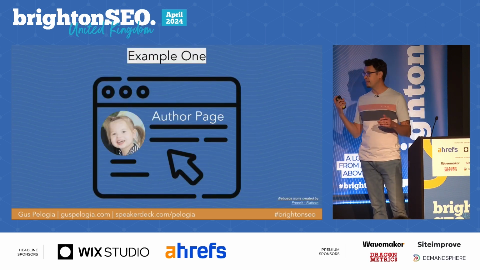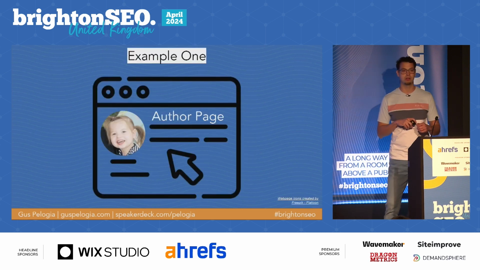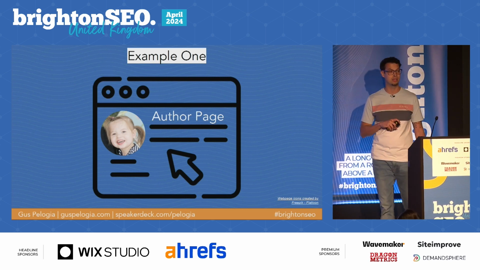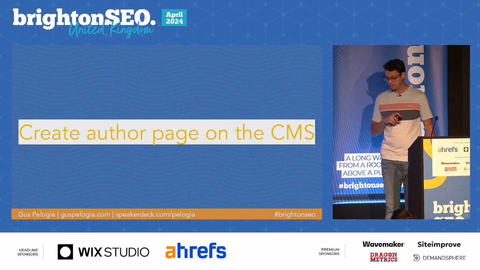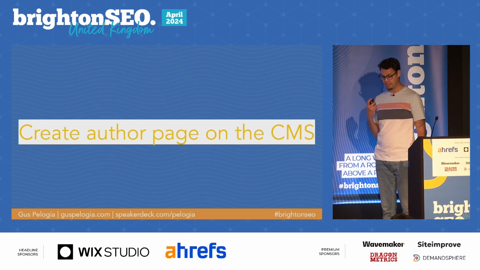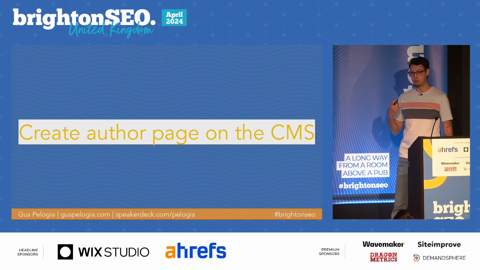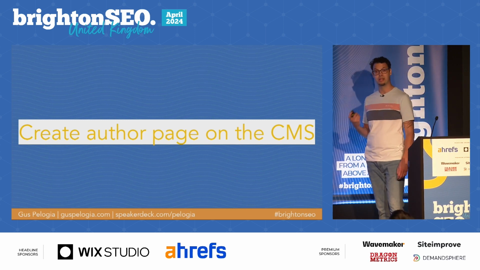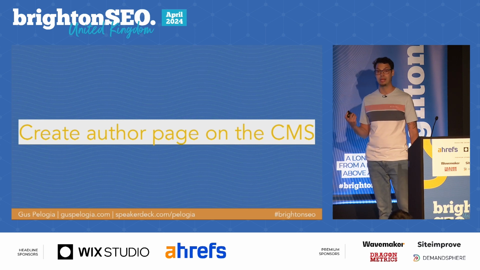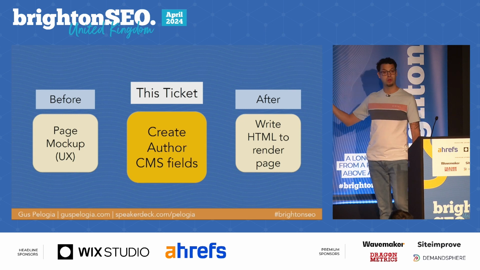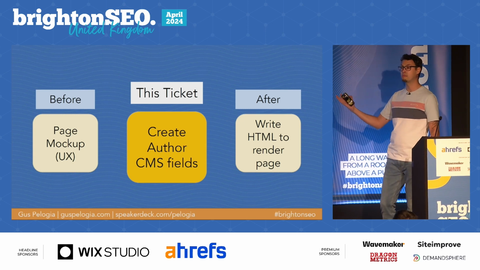So the first one is, let's pretend we're building an author page. That's my daughter. She is in every presentation that I do, and she's now an author on this great website. And this ticket is just about creating the author page on the CMS. Now, working closer with engineers, I understand that this is a little bit more complex than I would have thought before, because before you get to this, you need UX or a designer to create that mockup.